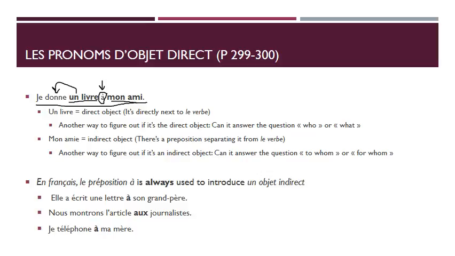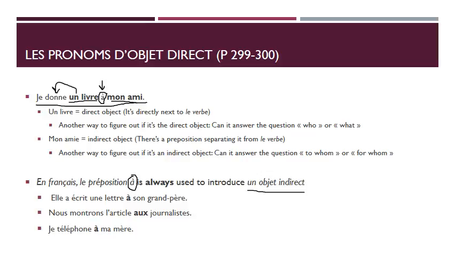Now, en français, la préposition à, the one that we just had in that sentence, is always used to introduce un objet indirect. Talk about easy. Here in English, sometimes it could be other things too. But en français, it's always going to be à.